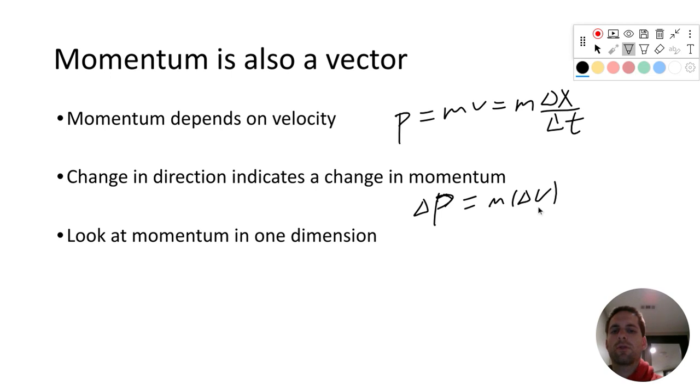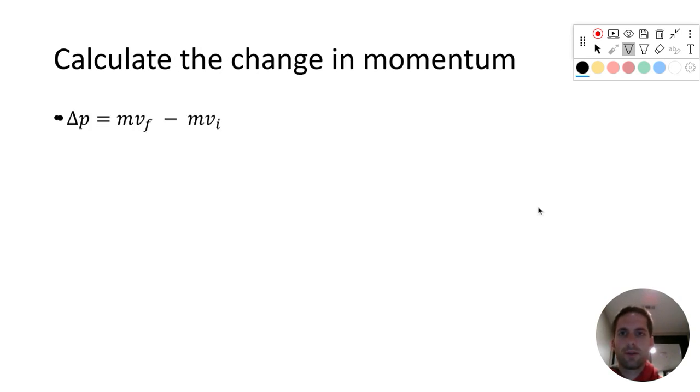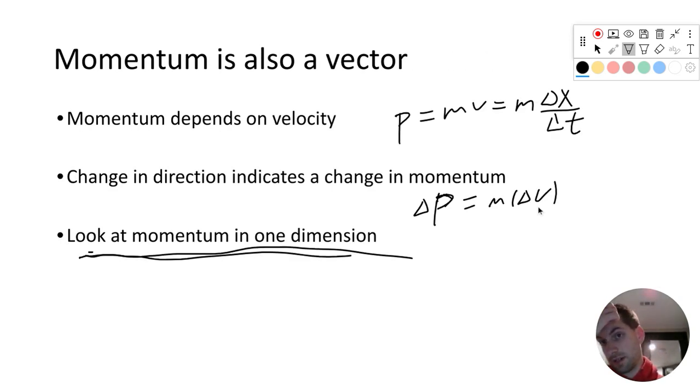And the momentum in this section, and in general, is going to be in one dimension. It's also a vector because displacement is a vector, velocity is a vector, so momentum is a vector.